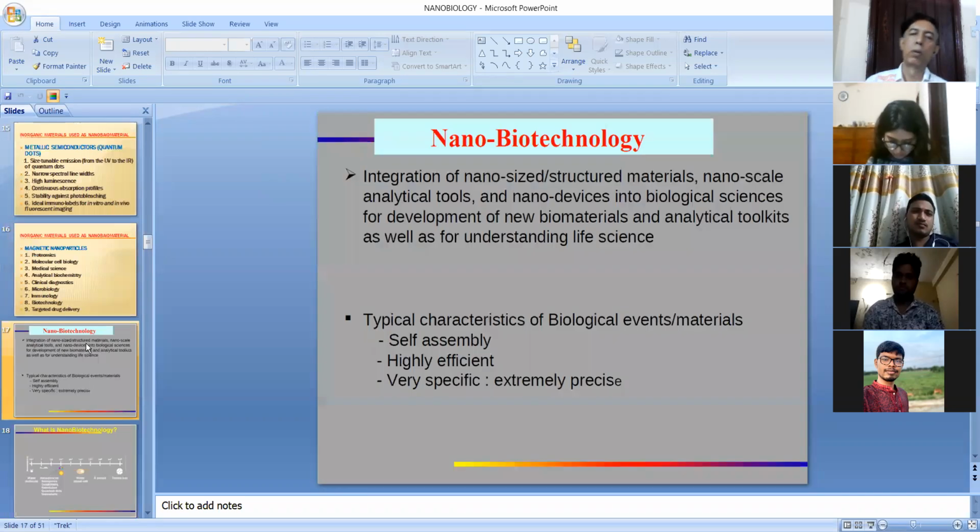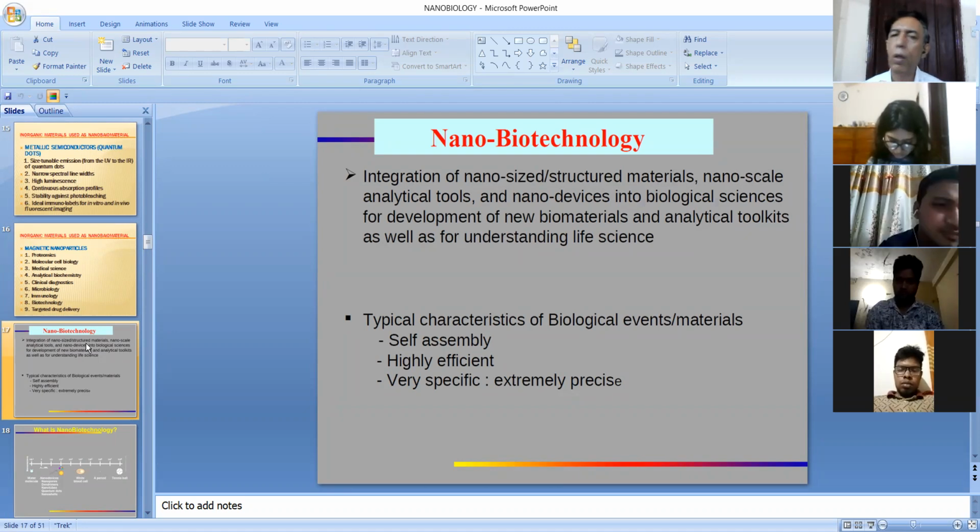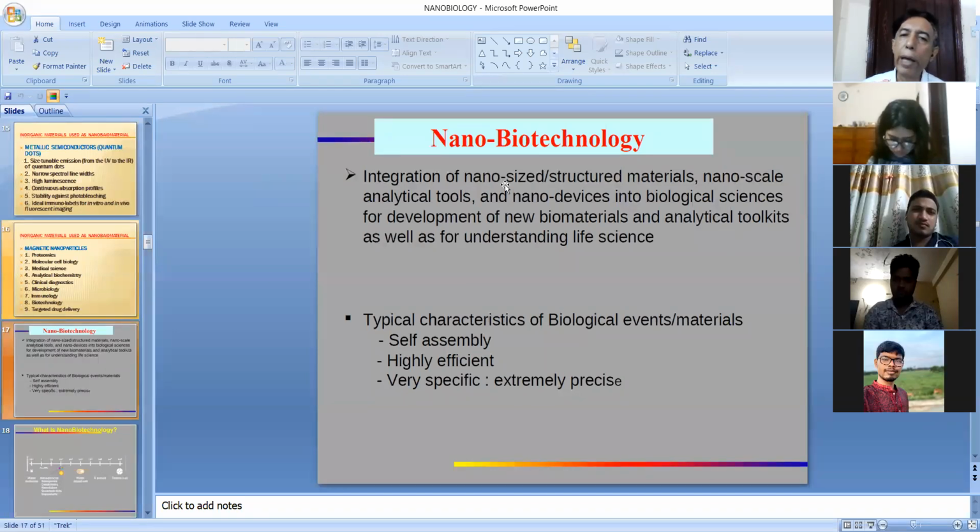Now, the next section is nanobiotechnology. What is nanobiotechnology? Integration of nano-size or nanostructured materials, nanoscale analytical tools, and nano devices into biological sciences for development of new biomaterials and analytical toolkits. See, what is integration of nano-size or nanostructured materials?